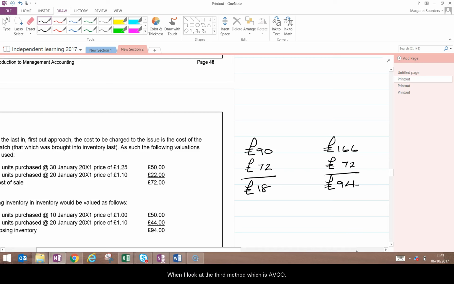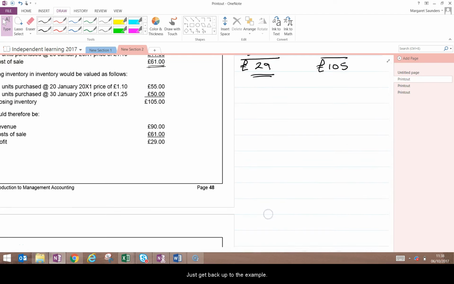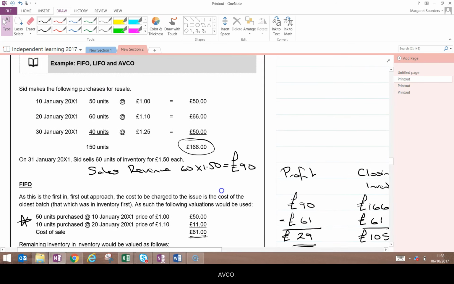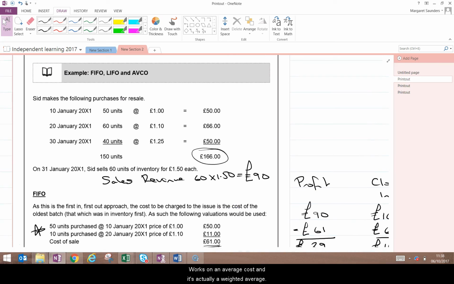If we now look at the third method, which is AVCO, so we just go back up to the example. AVCO works on an average cost, and it's actually a weighted average.